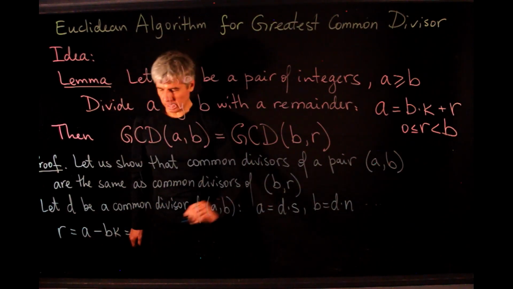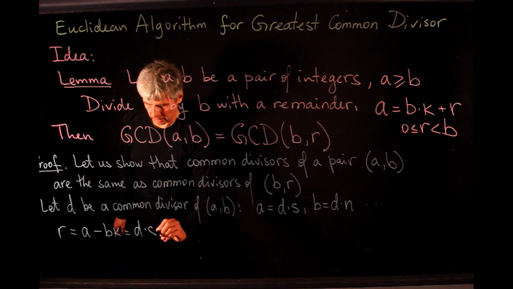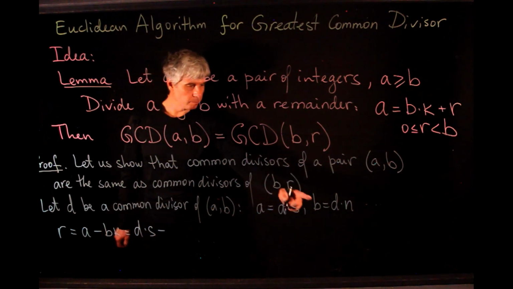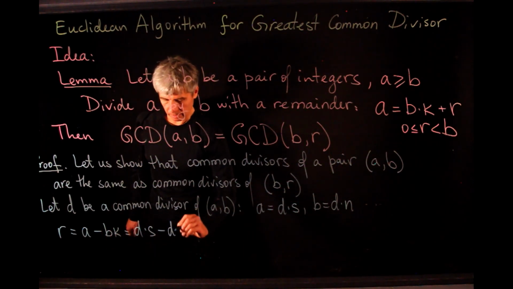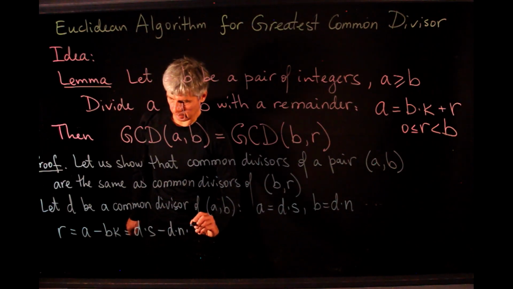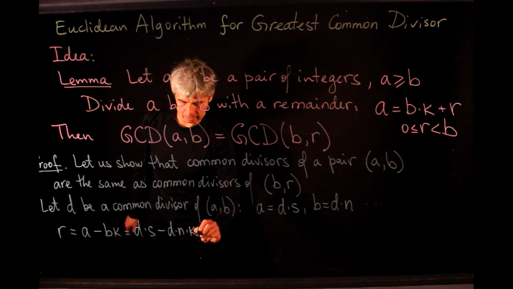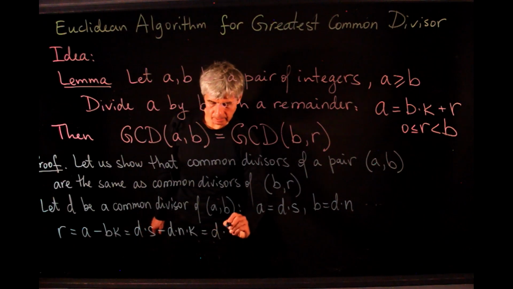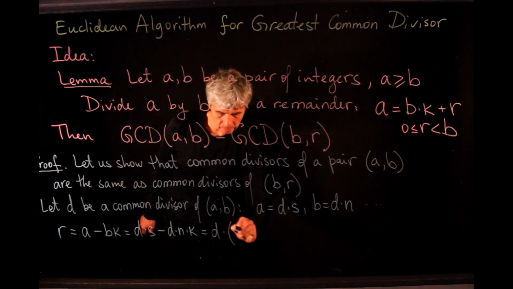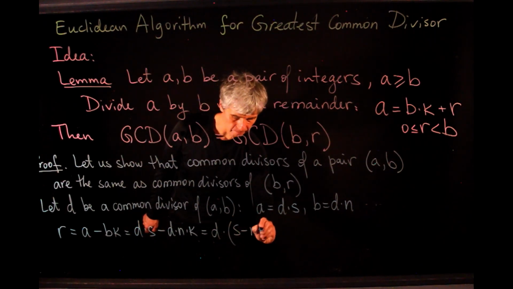But A is DS, so we have DS minus B, which is DN, D times N times K. And so this is D times (S minus NK).